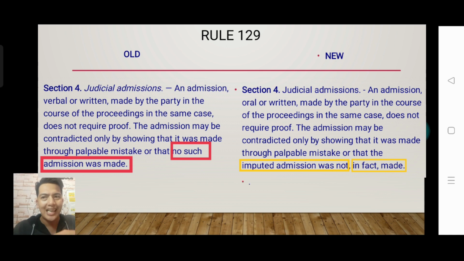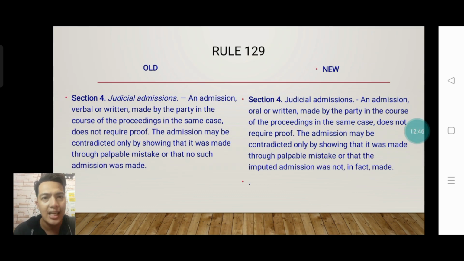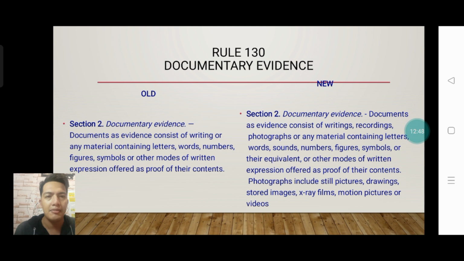Say for example, you filed an answer, but you did not address the imputed admission in your answer. Although you answered, there was an imputed admission on the fact and issue. So that imputed admission was not in fact made. There is an answer, but you did not say that you admitted the fact and issue.